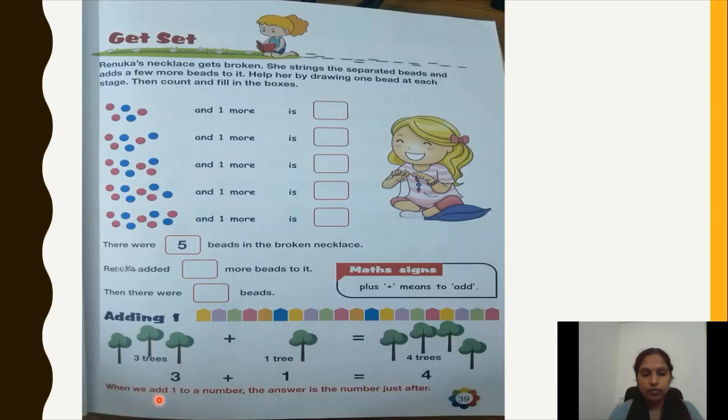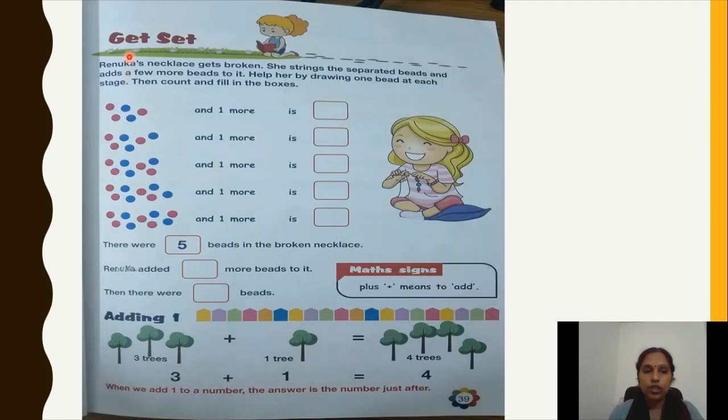When we add 1 to a number, the answer is the number just after. So when you are adding 1 to a number, the answer is always the number just after, or the answer is always the next number. Yes, is that clear?